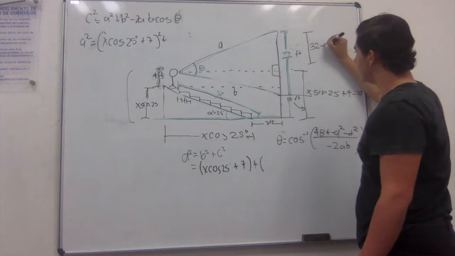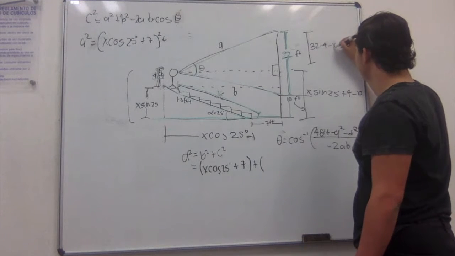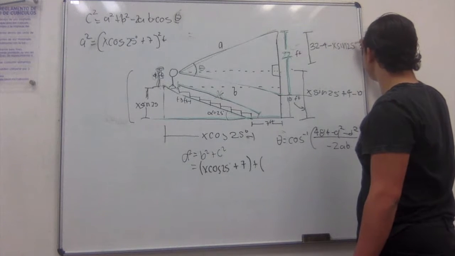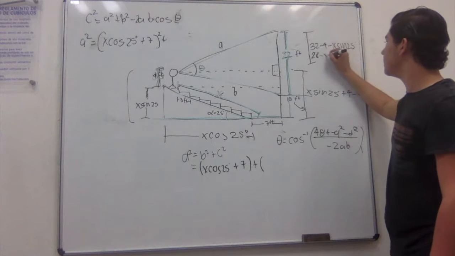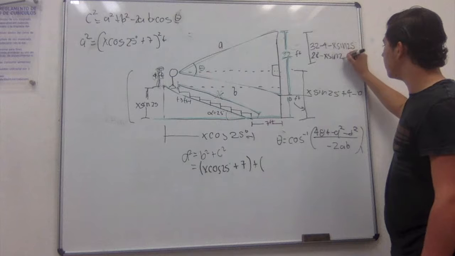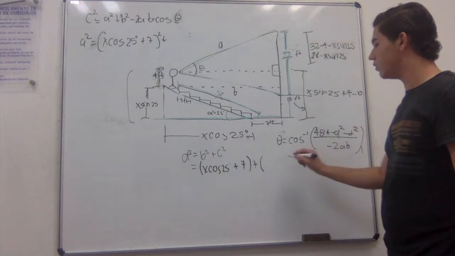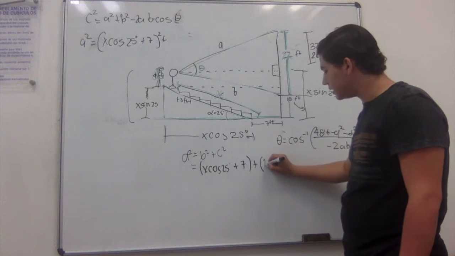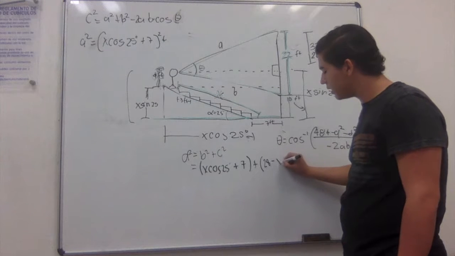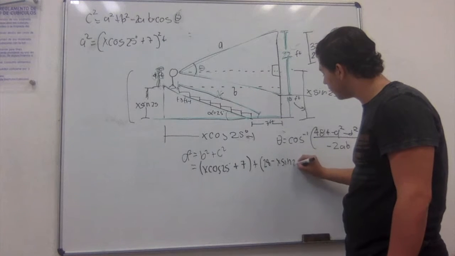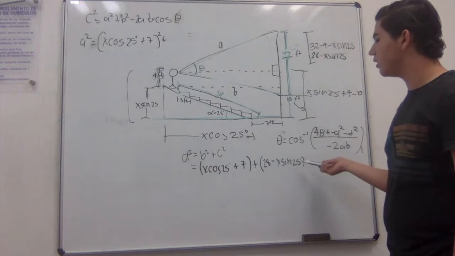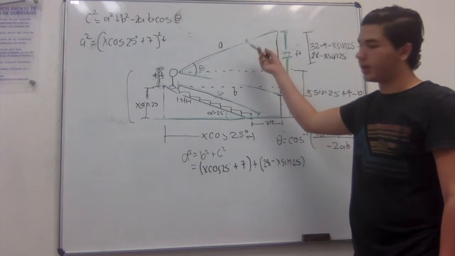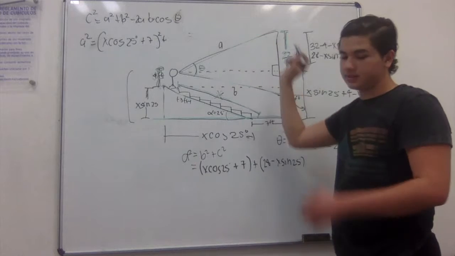So 32 minus 4 minus x sine of 25 degrees gives us 28 minus x sine of 25. So we have 28 minus x sine of 25 degrees. So here we have the measurement of a squared, or a in this case.